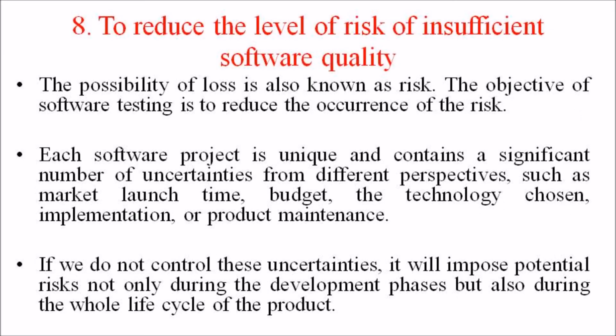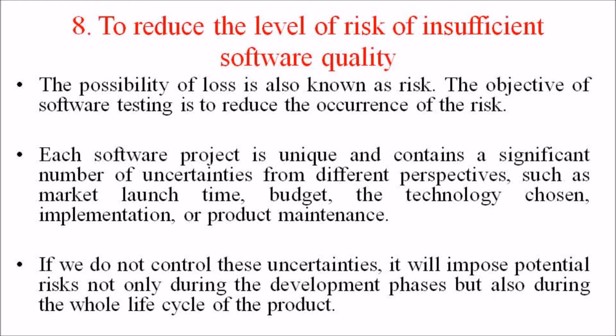And the eighth point is to reduce the level of risk of insufficient software quality. The possibility of loss is also known as a risk. The objective of software testing is to reduce the occurrence of risk. Each software project is unique and contains a sufficient number of uncertainties from different perspectives such as market launch time, budget, the technology chosen, implementation, or product maintenance.